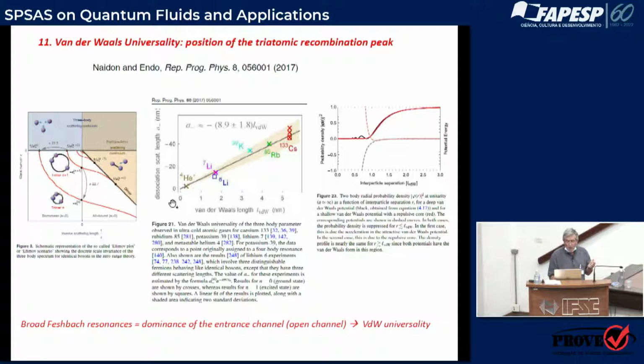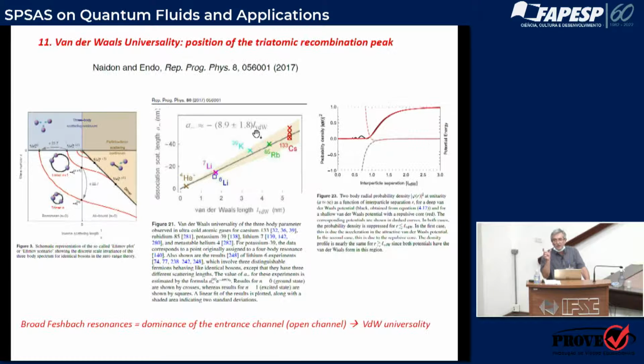three bosons. And then the people saw that the position of the first peak, namely for the scattering length that is the smallest one, is about minus 9 van der Waals lengths.